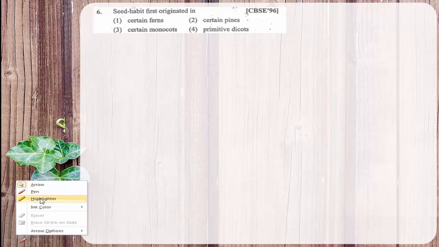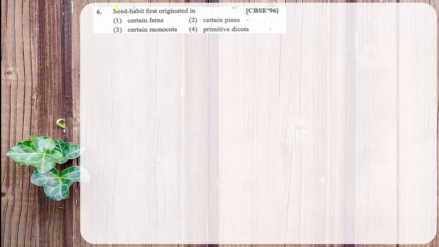Seed habit first originated in. The question is very interesting, and most of the time it creates confusion, because for the first time the seed is completely formed in gymnosperms, but before complete production there must be some link between the previous group and the advanced group.